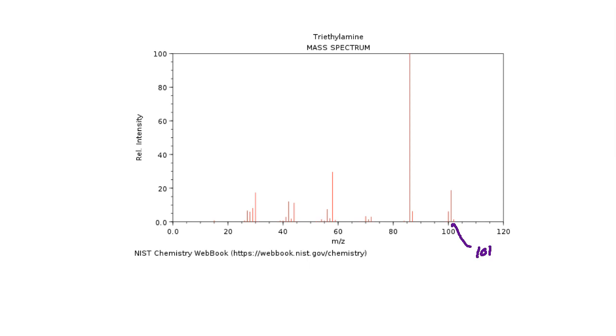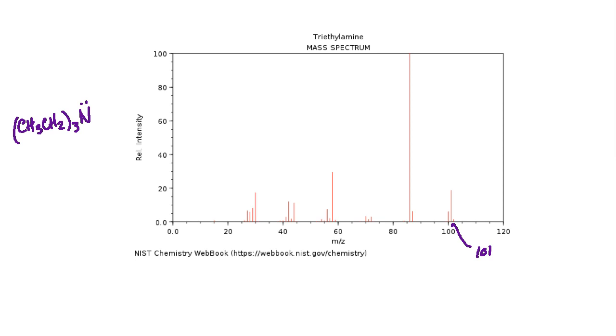And when I take triethylamine, it's going to be an ethyl group 3 times. So I'm just going to write that this way instead of drawing all of them out. And then you would also have a single nitrogen. So again, because we only have 1 nitrogen, that's odd. 101 is an odd number. This rule is holding true as we're going through and looking at the mass spec.